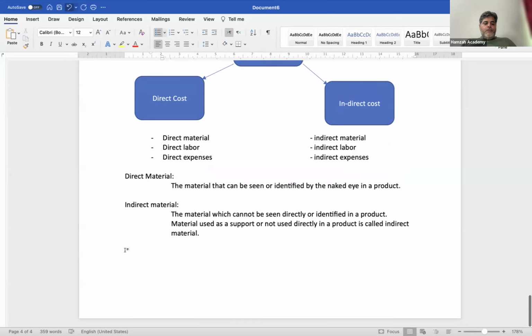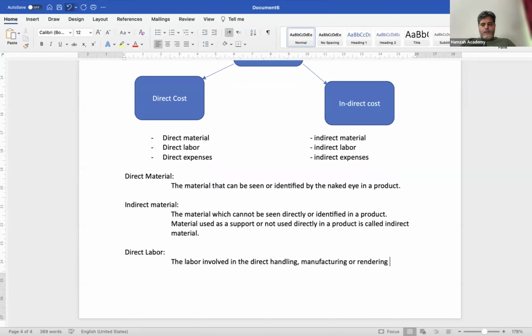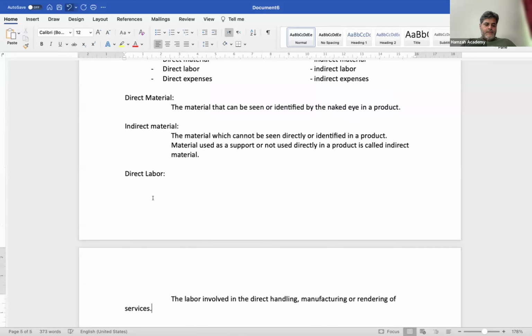Okay. Then afterwards, we have direct labor. Direct labor is the labor involved in the direct handling, manufacturing, or rendering of services.